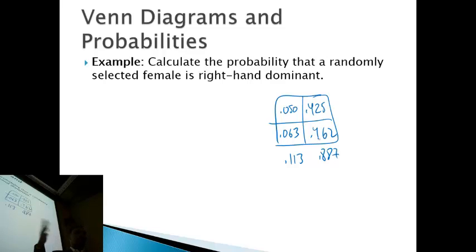And let me know if I did anything wrong, incorrectly, before we go down too far. This is left-handed. This is right-handed. This, I believe, was female. This was male.